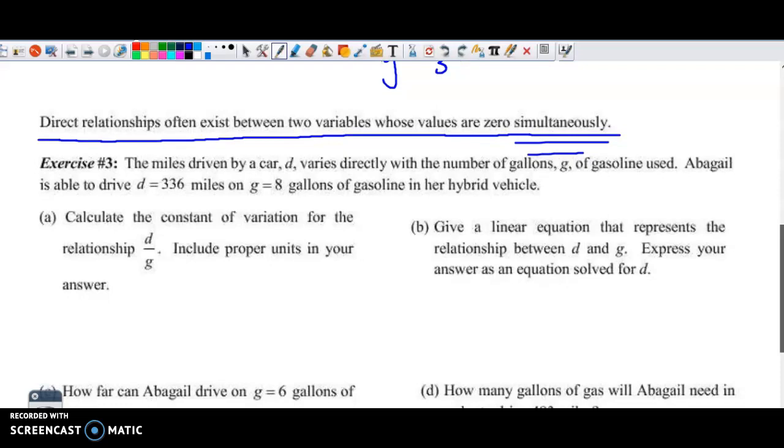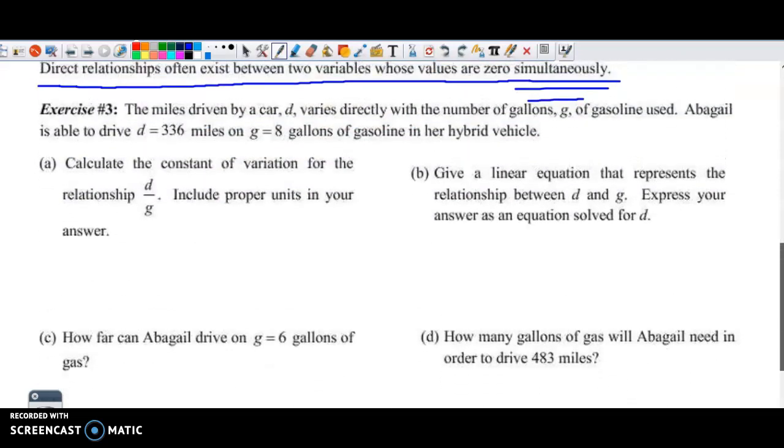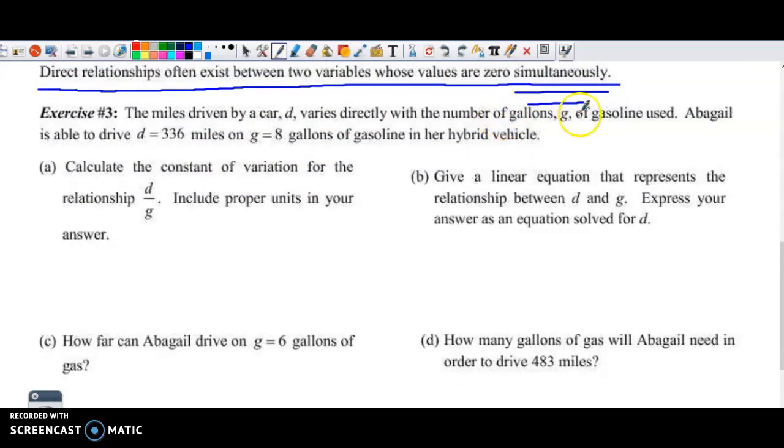And we have one more word problem, just one more word problem, where they're getting you to understand the comparison between miles driven and gallons of gas in the car. Abigail was able to drive 336 miles on 8 gallons of gas in her hybrid vehicle. So why are they asking you to do d divided by g here?